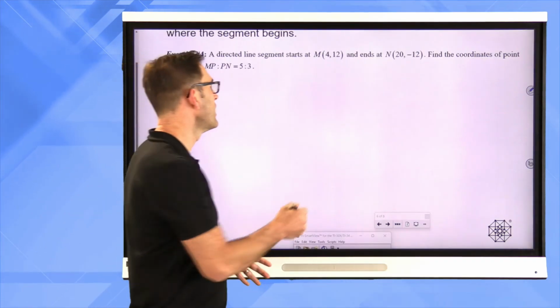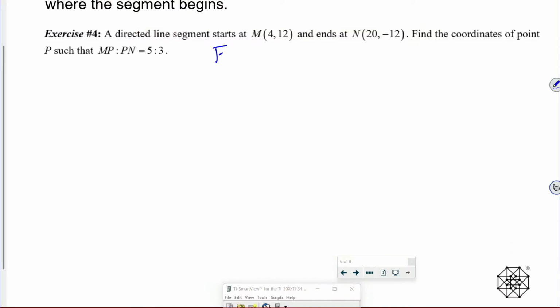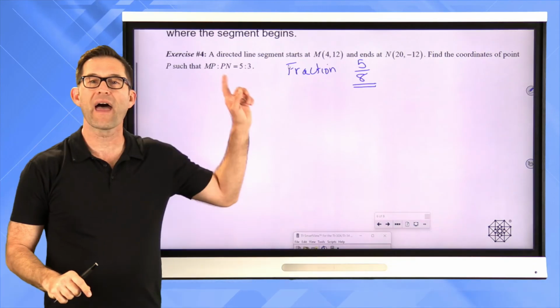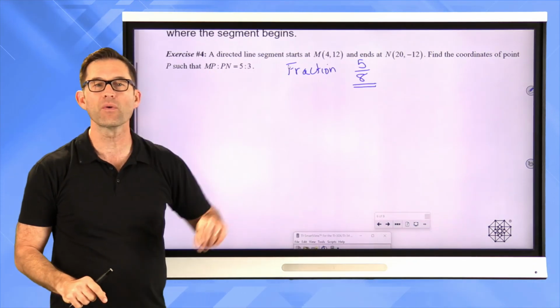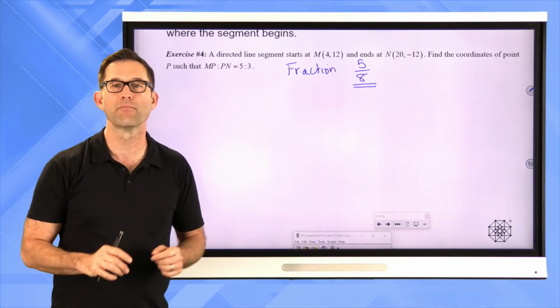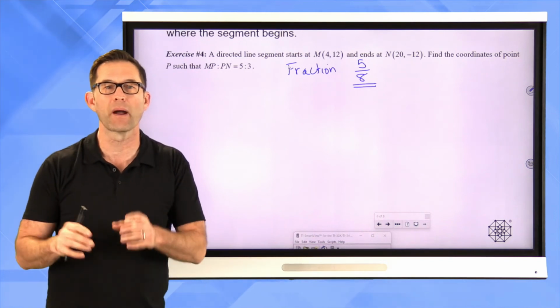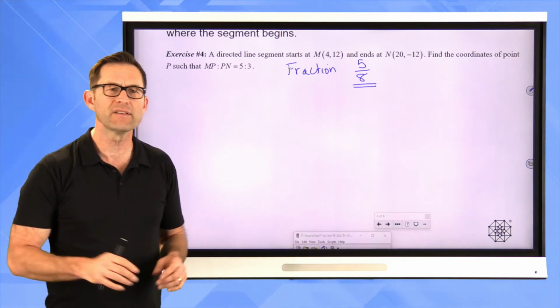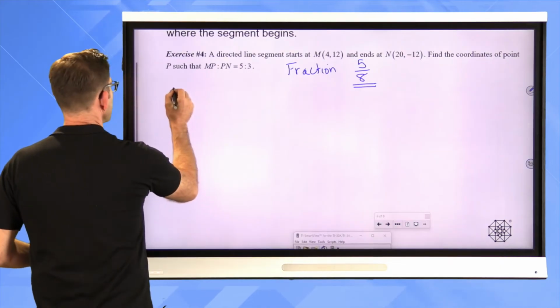But that means, right, that overall, my fraction that really matters here is 5/8, right? That's the fraction that really matters. I'm going to add 5/8 of the total segment onto my starting point in order to get to where my partition point is.